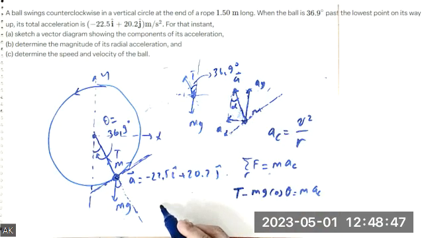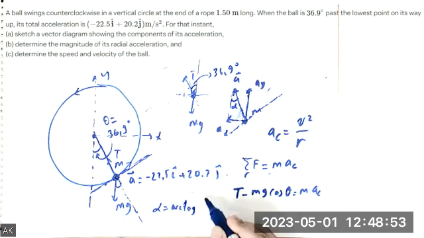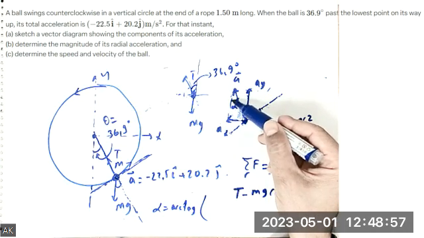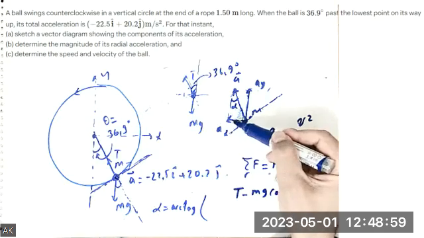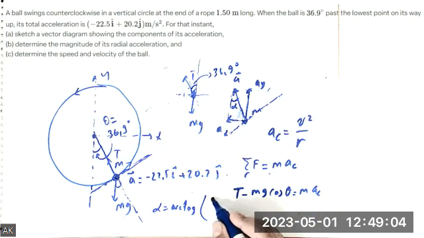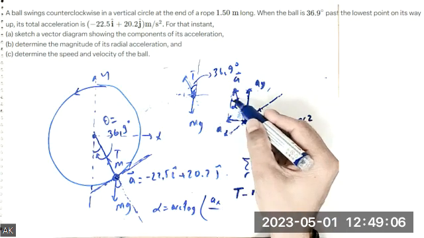Alpha is equal to arctangent. The one that sees this angle right over here is AX, so it is AX divided by AY.